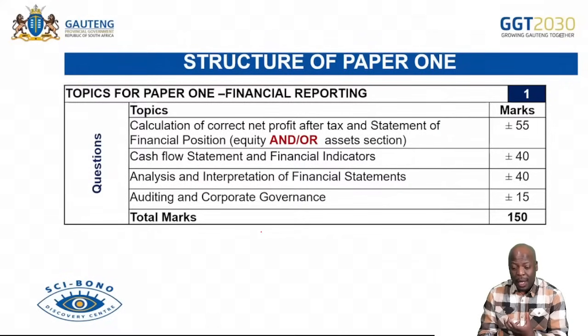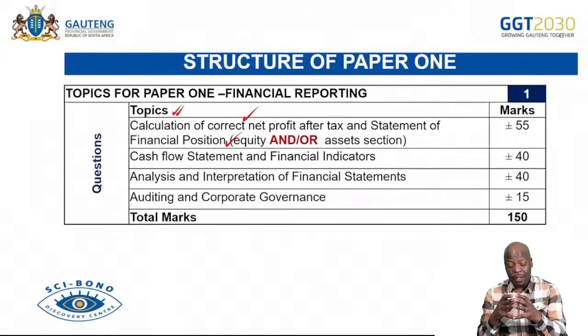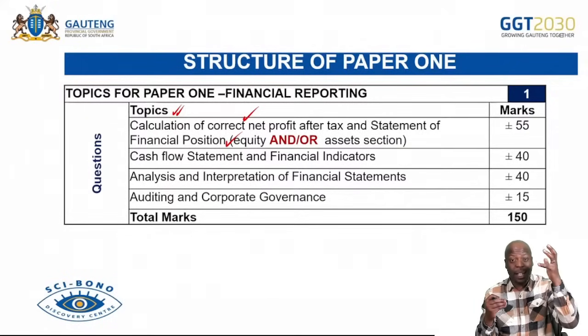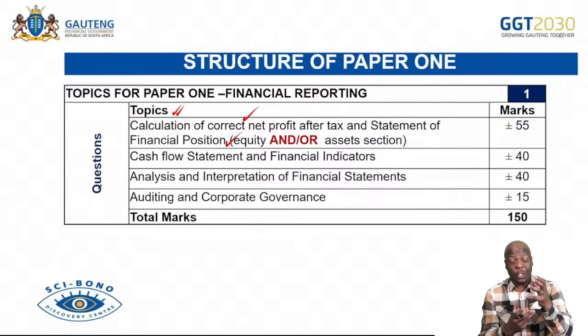If you look at the structure of paper one, you will see the topics we will be dealing with are the calculation of correct net profit after tax and the statement of financial position. So this is a fusion, a combination of the calculation of correct net profit together with the statement of financial position, your balance sheet. So the examiner can bring these two together.